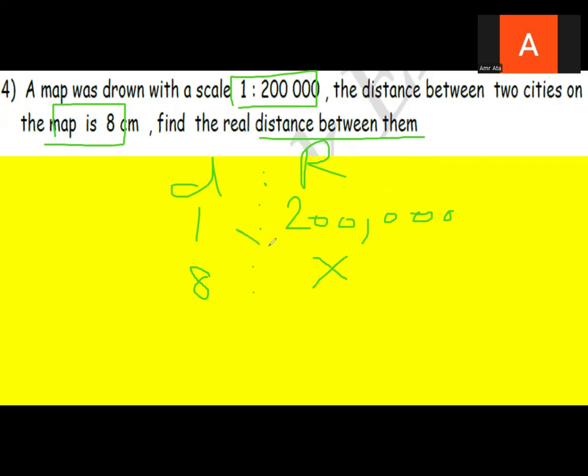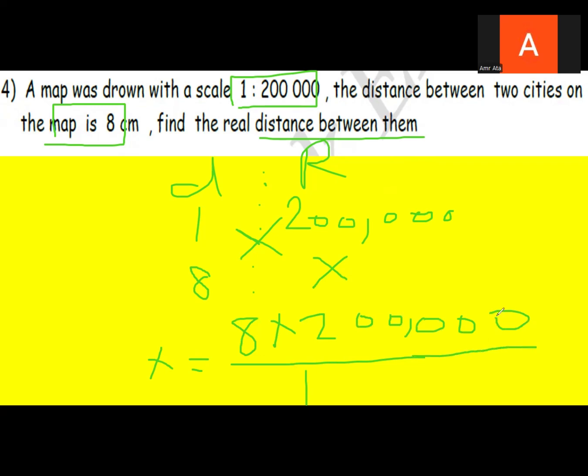Make a cross multiplication. X equals the number which is opposite to X on the cross multiplication, 1, in the denominator. The other in the numerator, 8 times 200,000. Don't forget the step of convert. We will convert kilometer to centimeter because it's the distance between cities. The distance between cities is measured by kilometer, okay?